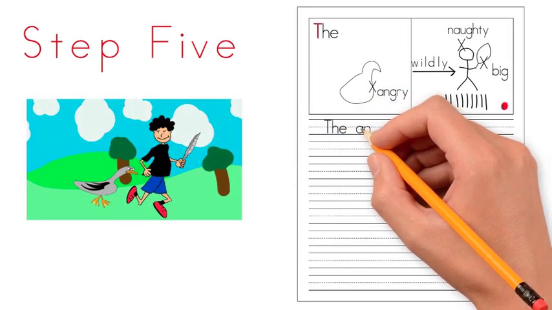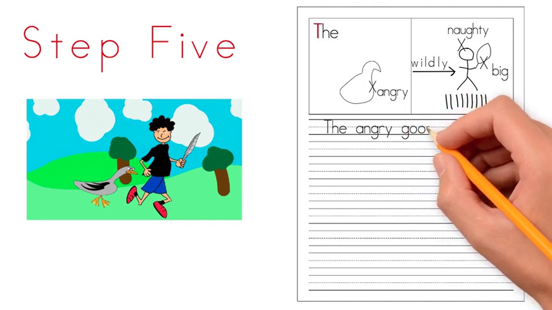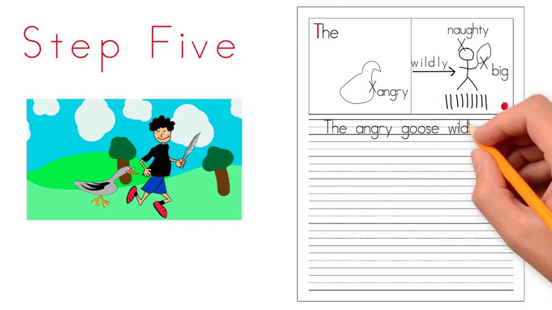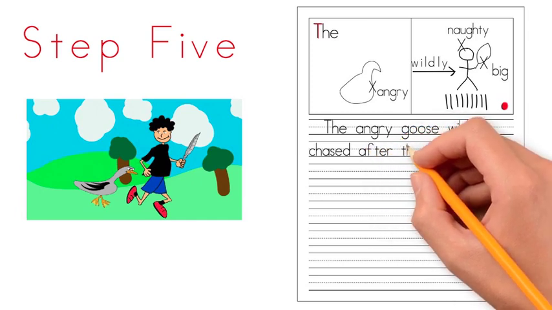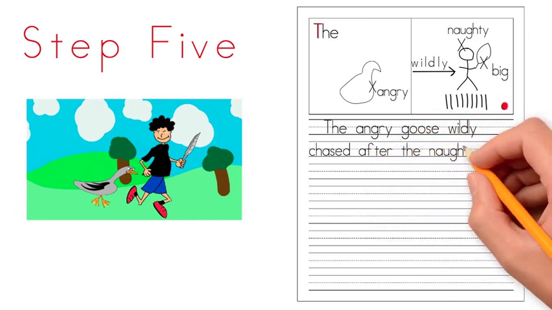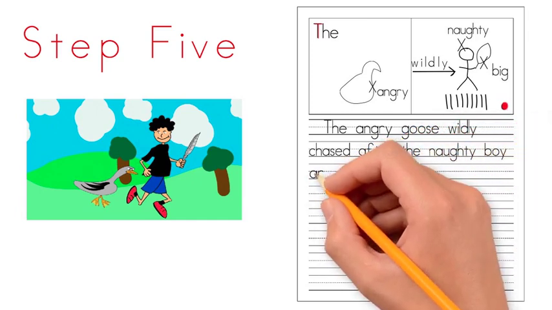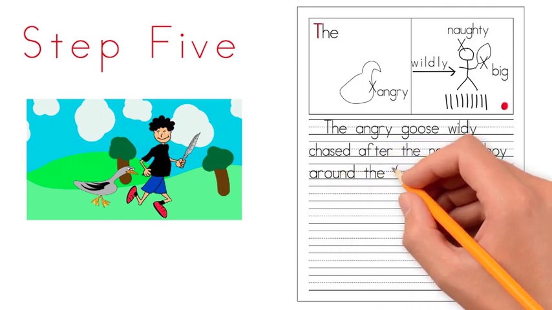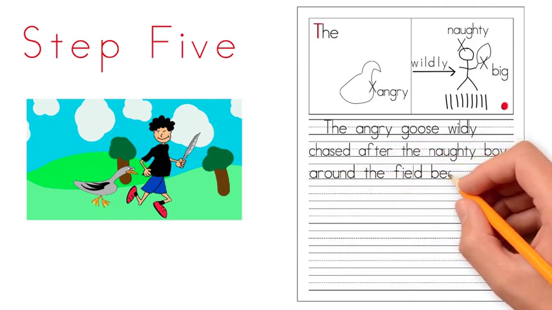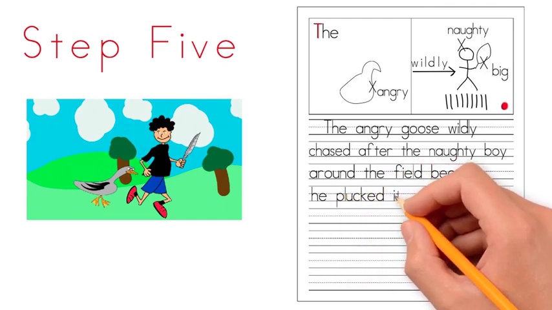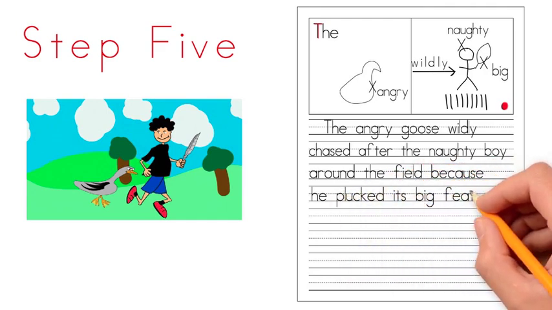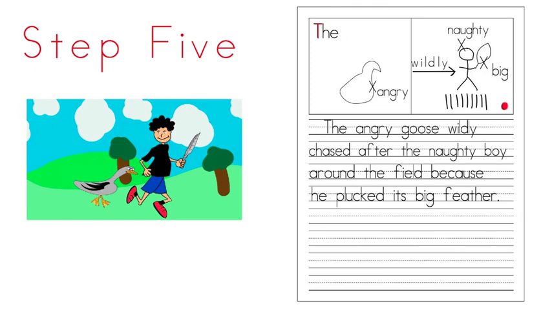The angry goose wildly chased after the naughty boy around the field because he plucked its big feather.